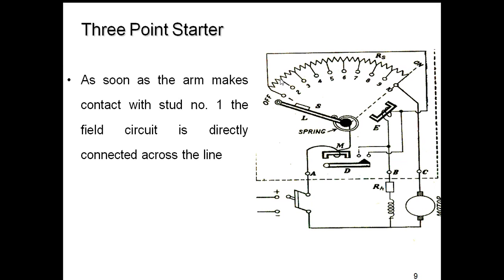As soon as the arm makes contact with stud number 1, the field circuit is directly connected across the line.